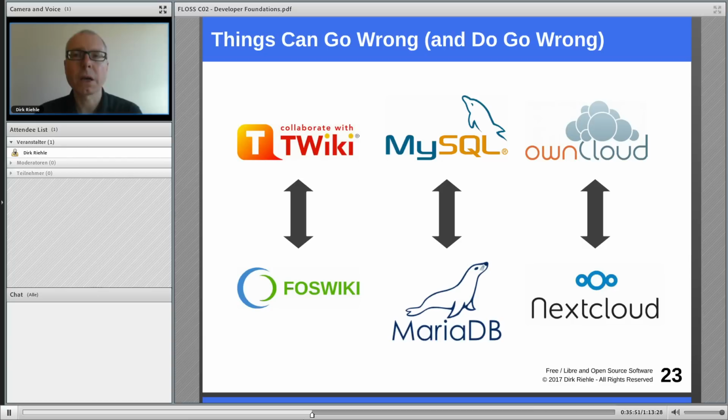So they forked and created a fork of TWiki under the name of FOSSWiki, and that's what they left to. So today, both communities are probably not as strong as the original TWiki community. Both are alive, but well, together they probably would have been stronger.